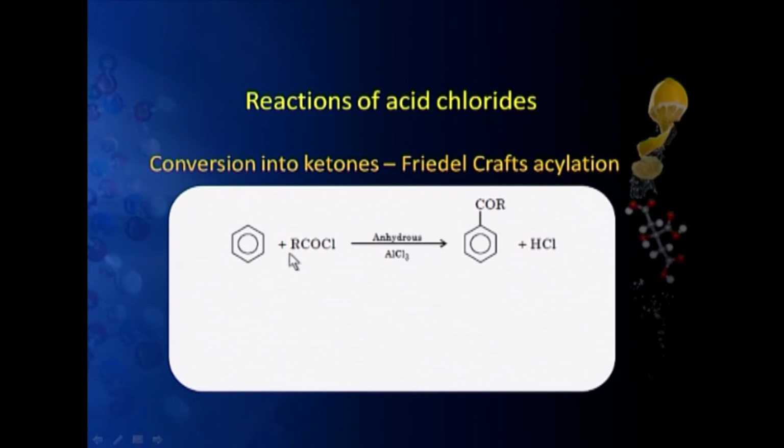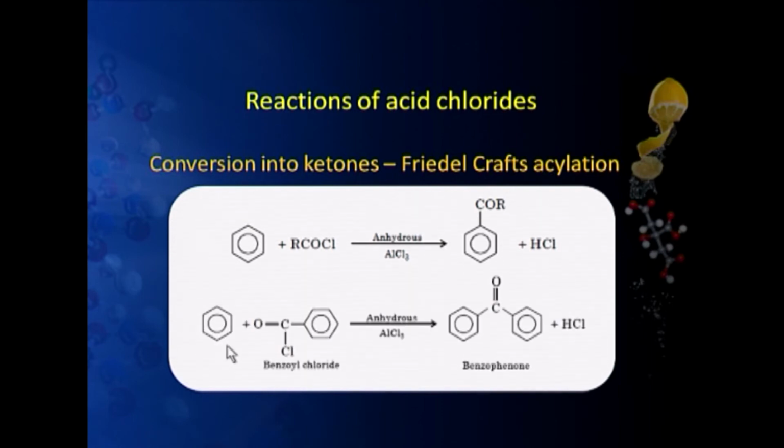Aromatic compounds react with acyl chlorides or acid chlorides in presence of anhydrous aluminum chloride. This COR group gets substituted over the ring and we get the corresponding ketone. Suppose benzene is treated with benzoyl chloride, we will get benzophenone where both the groups are aromatic. Had it been any other aliphatic acid chloride, we will get the corresponding aliphatic aromatic ketone.